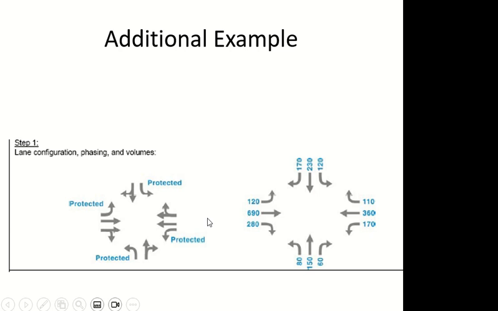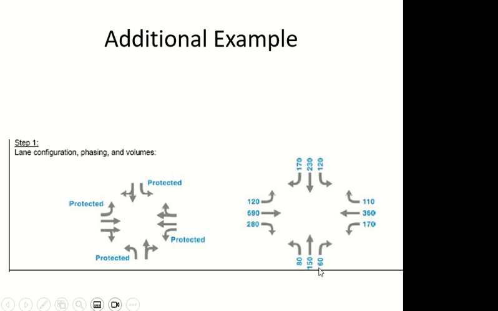Where is it? Yeah, so east west has 2 lanes for straight and right, so you will do the same thing for east west, multiply by 0.5. But for north south you will not do it. North south is only 1 lane, so this whole thing, 150 plus 60 plus 80, will be taken as it is.